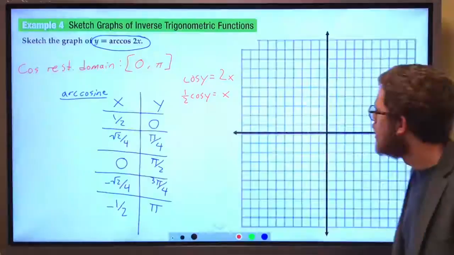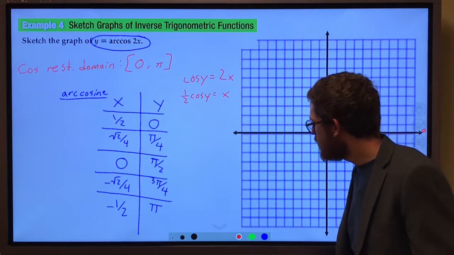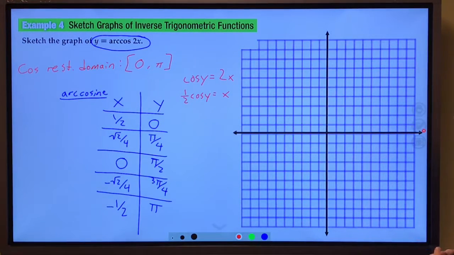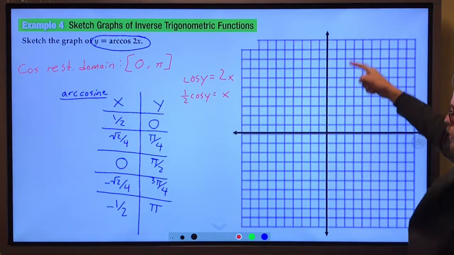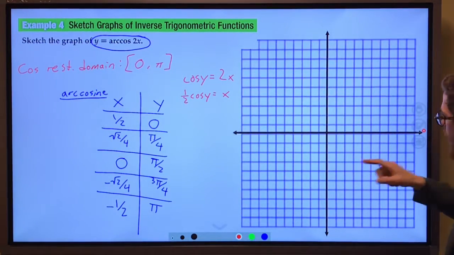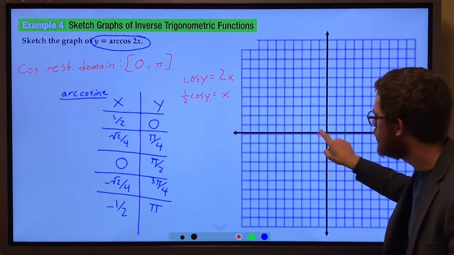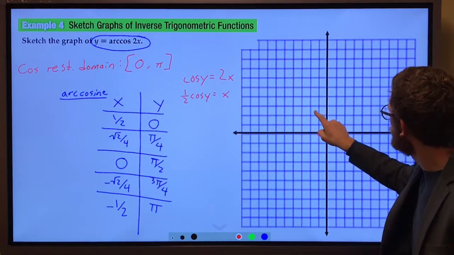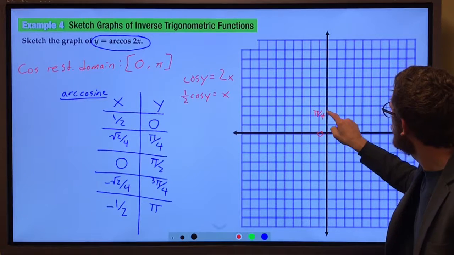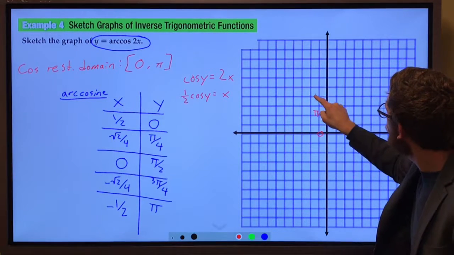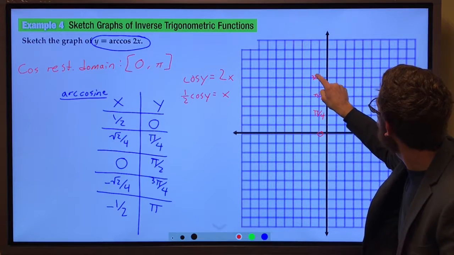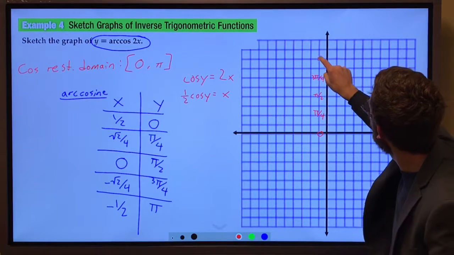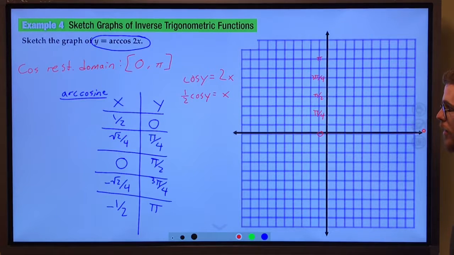So let's plot these and create some intervals that we can work with here. Our y values are from 0 to pi. So we've got 0. I'm going to let this be pi over 4, pi over 2, 3 pi over 4, and there will be pi up there.